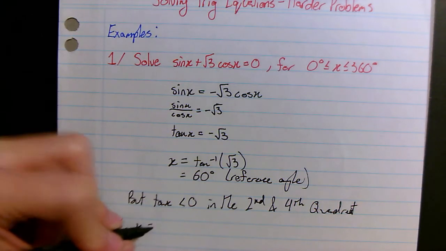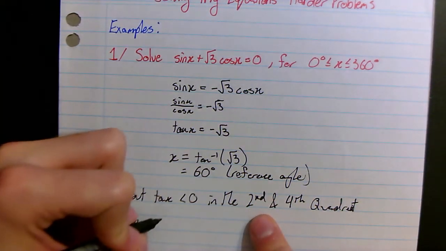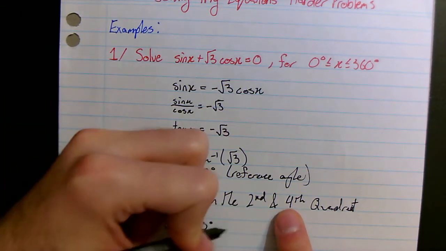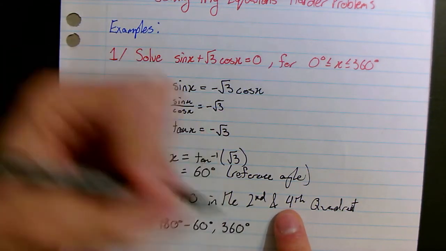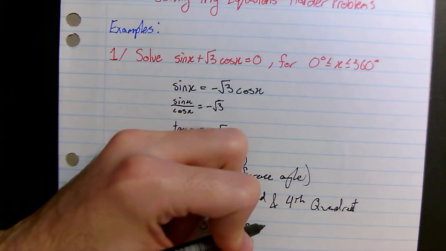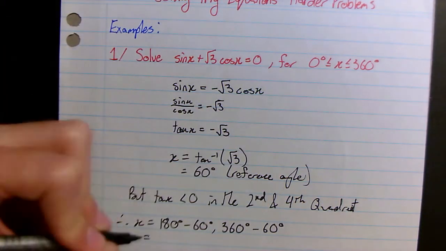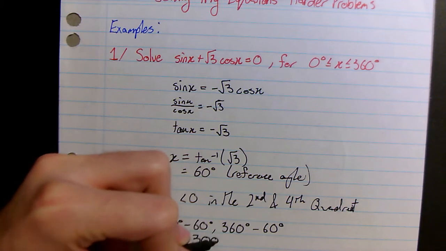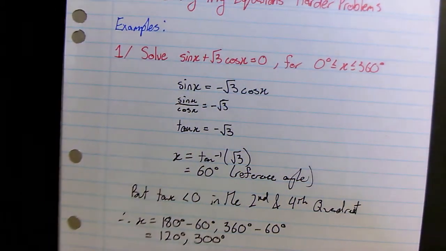Therefore, x is going to be equal to, in the second quadrant, 180 minus theta, so 180 degrees minus 60. In the fourth quadrant, it's 360 minus theta, so 360 degrees minus 60 degrees. And we get two solutions, namely 120 degrees and 300 degrees.